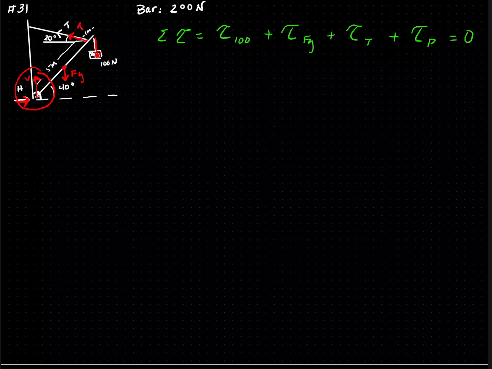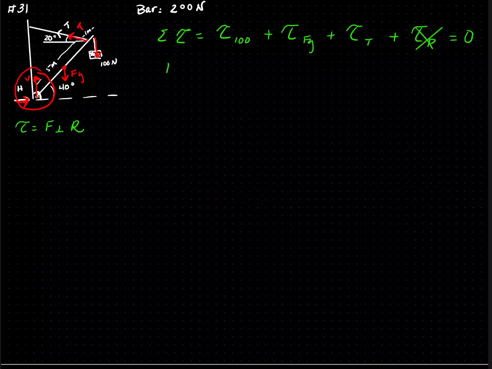Since the pivot point is where we measure everything from, this becomes 0. Remember, torque is equal to force perpendicular times the distance from the pivot point. So if I look at the first one, we have 100 newtons.